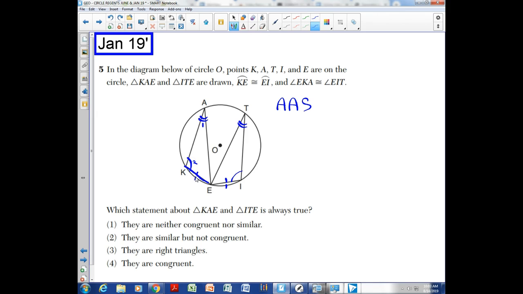They come in that order. And if I go back to the other triangle, it's exactly the same. An angle, an angle, and a side. And you might remember that AAS congruent to AAS proves that two triangles are indeed congruent. So I'm going to go down and see, well, number 4 must be the correct answer.